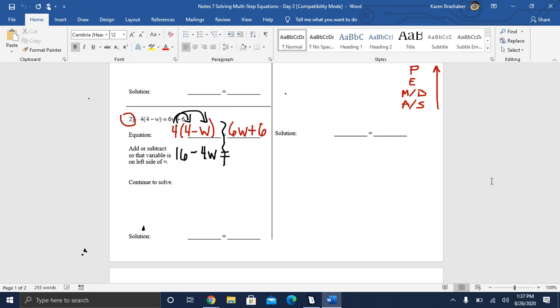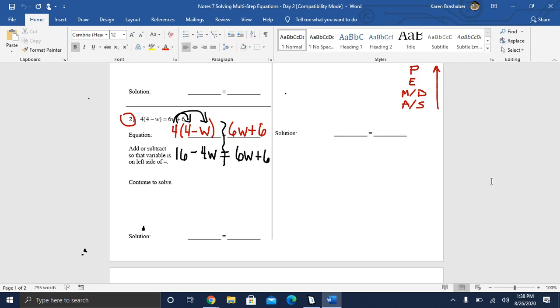Now notice that I didn't do anything on the right-hand side of the equal sign. So I'm just going to recopy, bringing that down. And now I've created an equation that has the parentheses removed. And now I can work on getting my variables to one side of the equal sign.